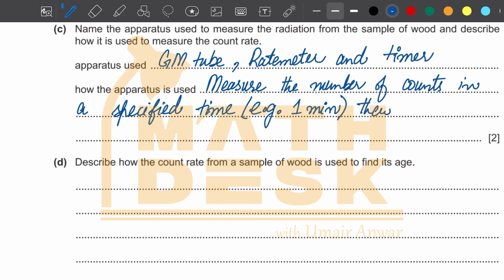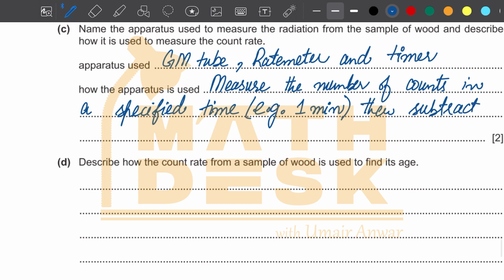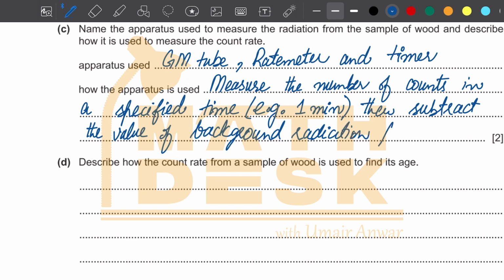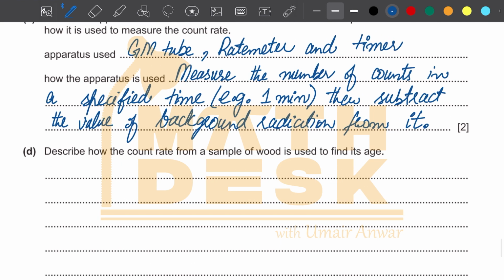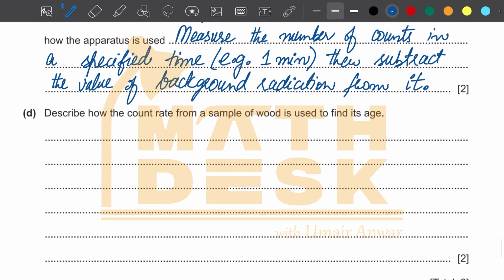Then subtract the value of background radiation from it to find the corrected value of the radiation for the carbon.